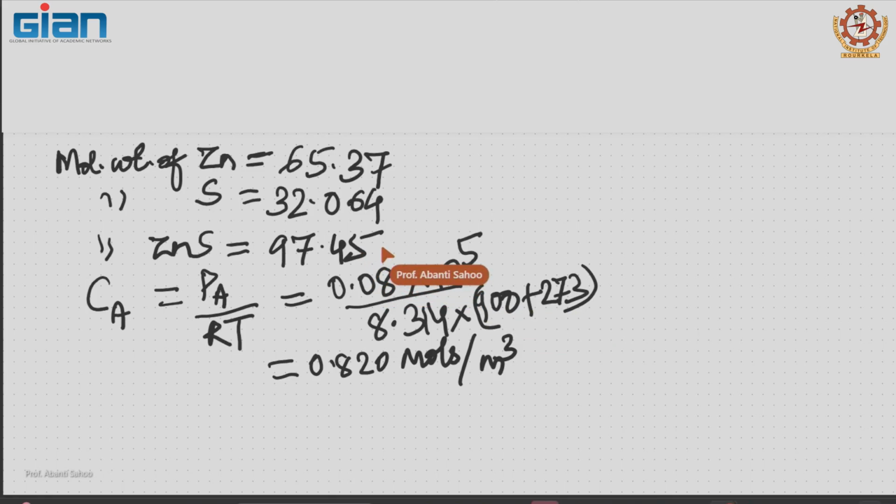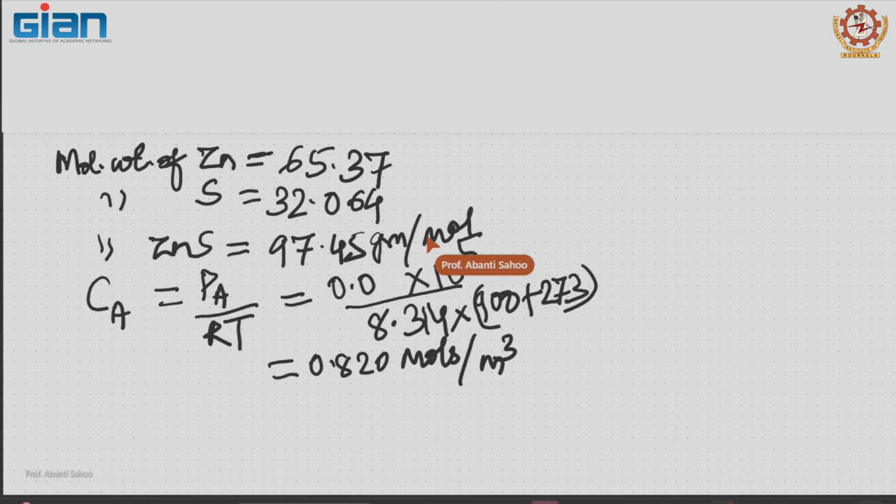So, the molecular weight is 97.45 gram per mole.